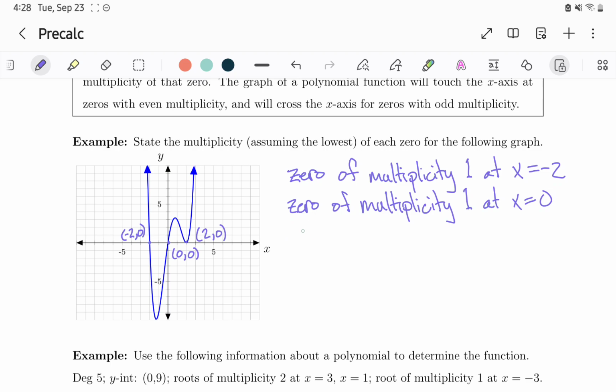So that means we have a 0 of even multiplicity there, and since we're assuming the lowest, we're going to assume it's 2. So 0 of multiplicity 2 at x equals 2.